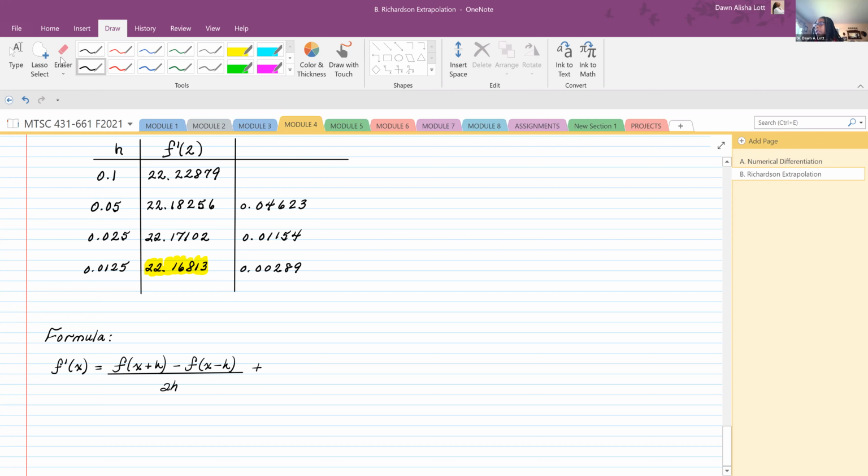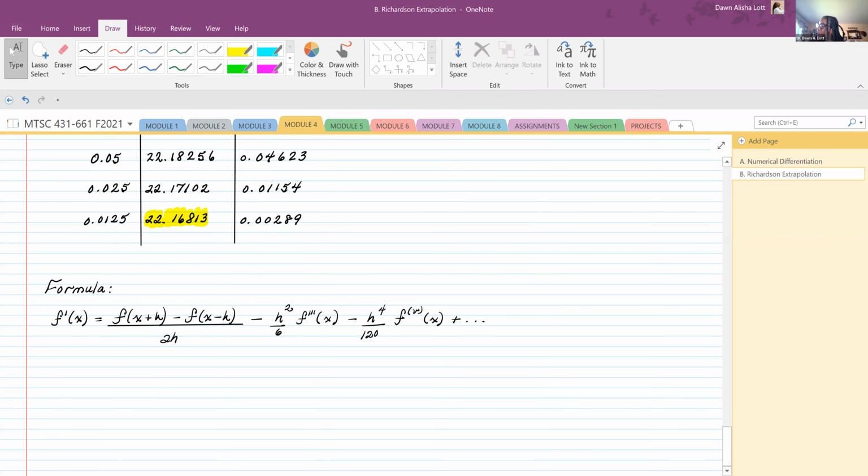And then actually that's minus h squared over 6 times the triple derivative of x, and then minus h to the 4th over 120 times the 5th derivative at x plus dot, dot, dot. So as you can see, these skip by 2.